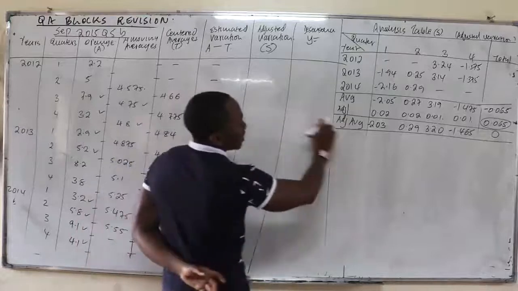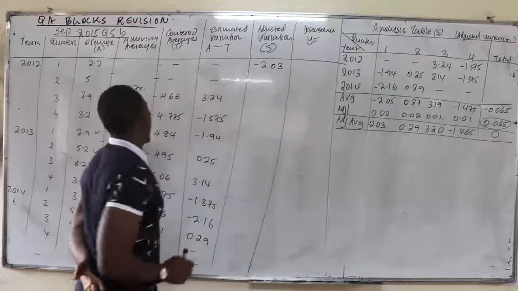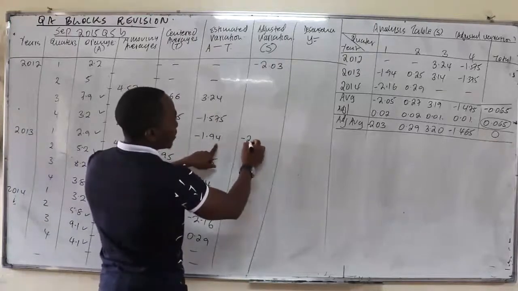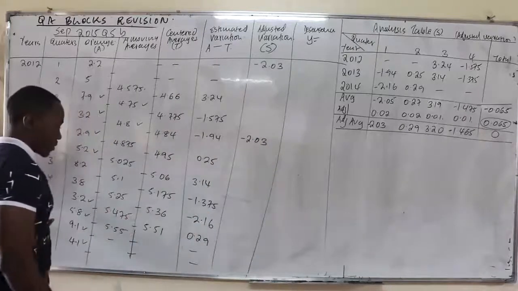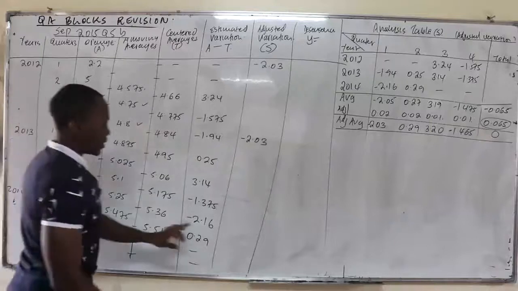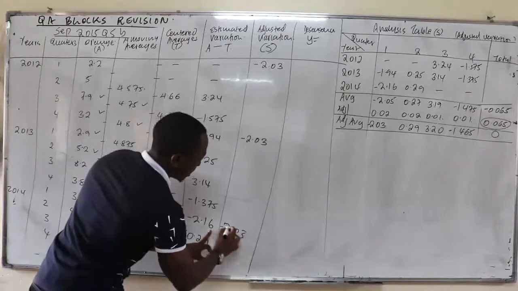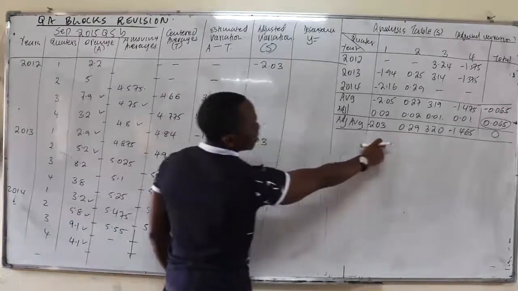Every quarter one, we have negative 2.03. All the quarter ones for each year, it's negative 2.03. Then all quarter twos from the adjusted table, 0.29.